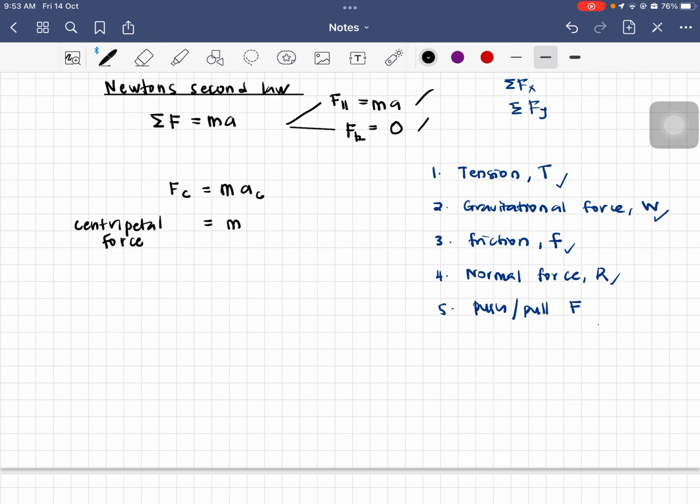AC is V square over R, or AC equals R omega square. So you will have FC equal to MAC, FC equal to MV square over R, and FC equal to MR omega square. The main one is this one.